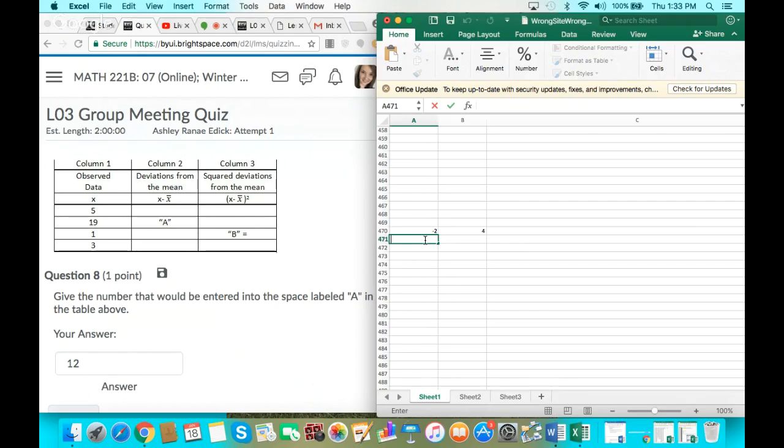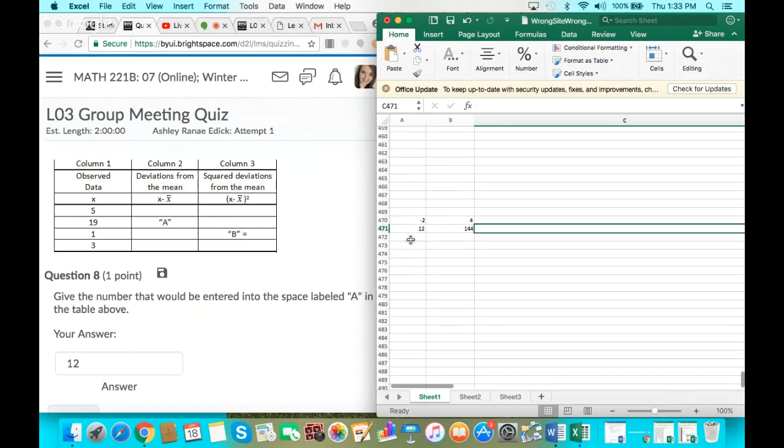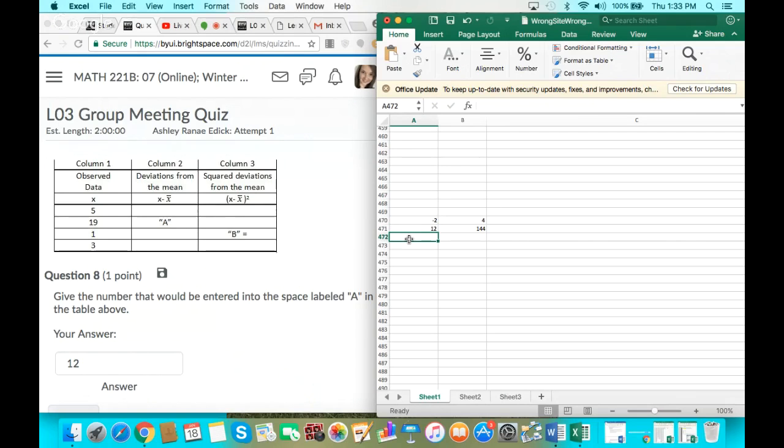And then that one was 12. 12 squared is 144. Okay, 1 minus 7 would be negative 6. We did that one. It would be 36. And then 3 minus 7 would be negative 4. So that one would be 16. So then we just add them together.